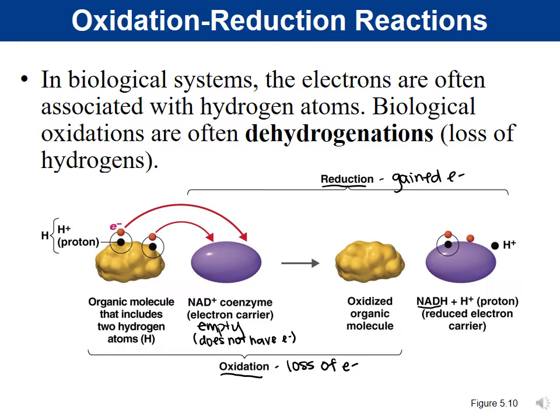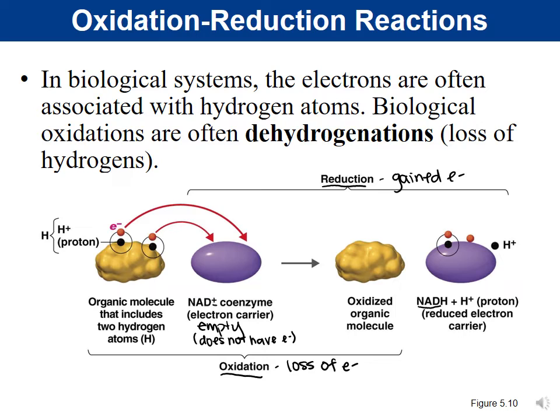And when only the electron is transferred, that neutralizes that positive charge. So notice that it's not NADH+, it's just NADH, because that other electron is going to neutralize that charge. And so the electron is going to go onto NADH, and the hydrogen ion, the proton, is going to be released. And you're going to see the importance of hydrogen ions later on.